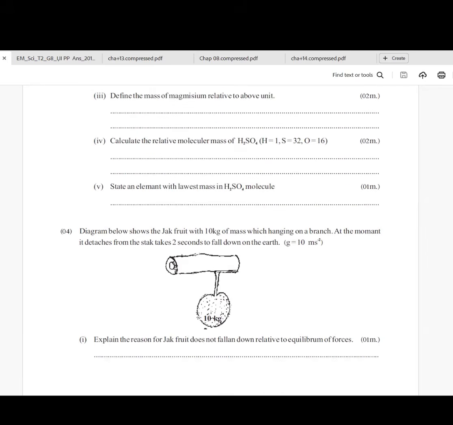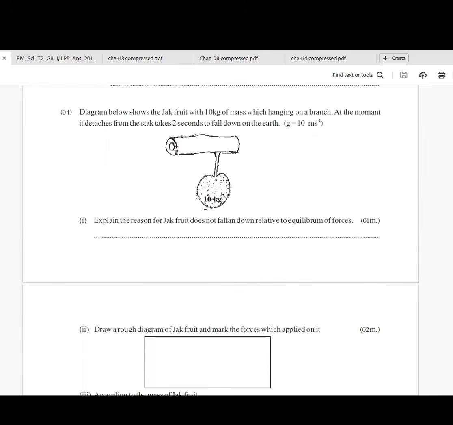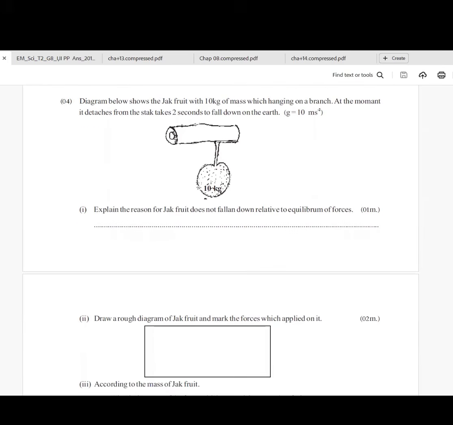The diagram below shows a jackfruit with 10 kg of mass hanging on a branch. At the moment it detaches from the stalk, it takes 2 seconds to fall down to the earth. g equals 10 m s^-2. Explain the reason the jackfruit does not fall down, relative to equilibrium of forces.